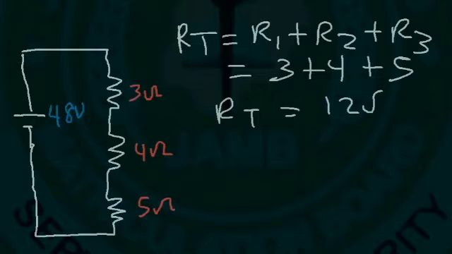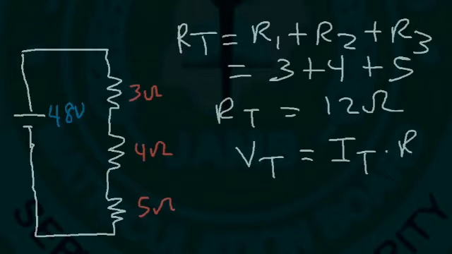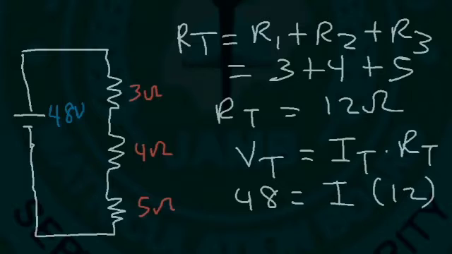You want to find the total resistance. Next, you want to find the current. The total voltage, or the voltage of the battery, is equal to the total current times the total resistance. The voltage of the battery is 48, and the total resistance is 12. So 48 divided by 12 is 4. So we have 4 amps of current flowing through the circuit.